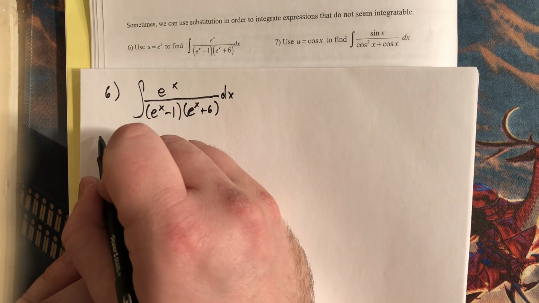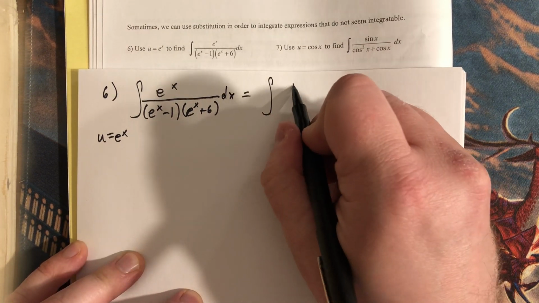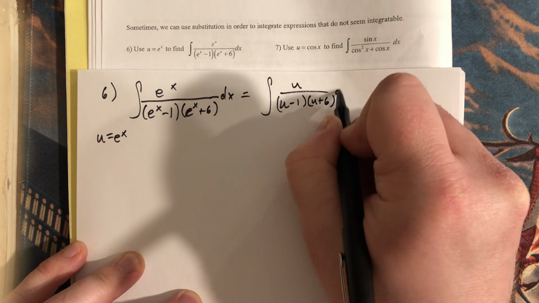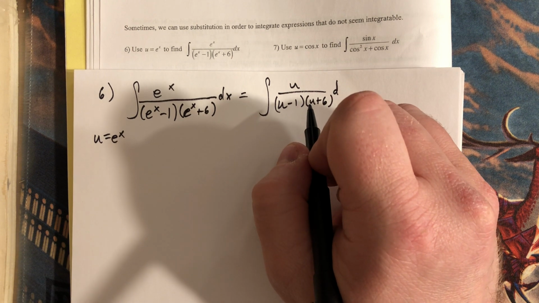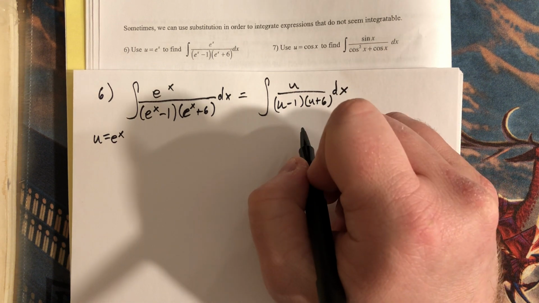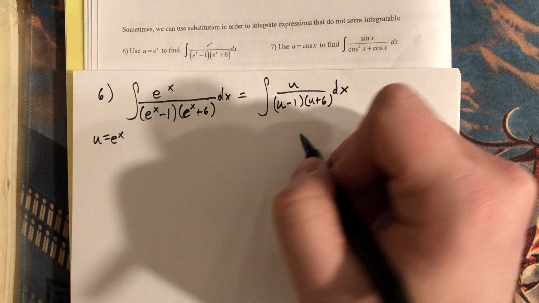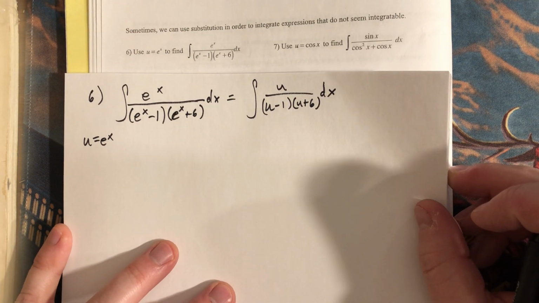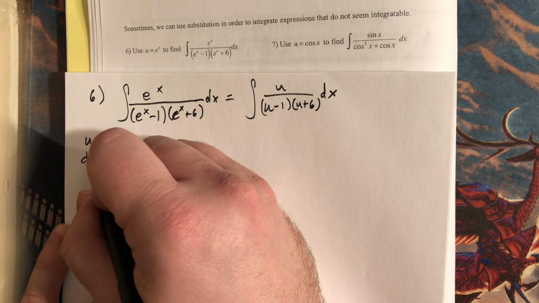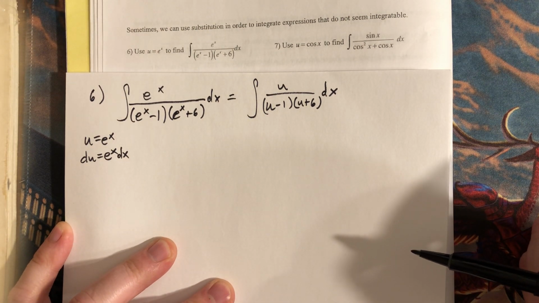So check it out. If we said u is equal to e to the x like he suggests, then we get u over (u minus 1)(u plus 6) dx.